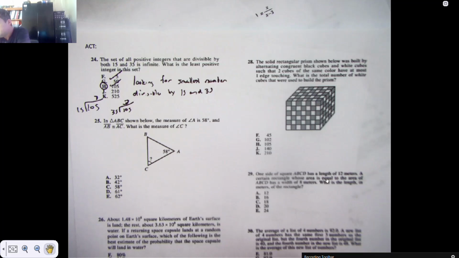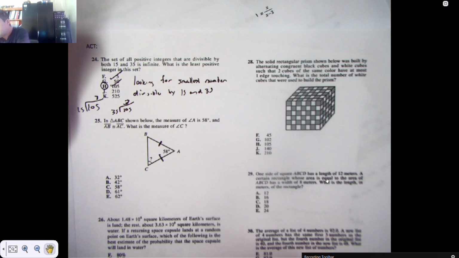25 is geometry. We are told that A to B is congruent to A to C. And you had a theorem in geometry.